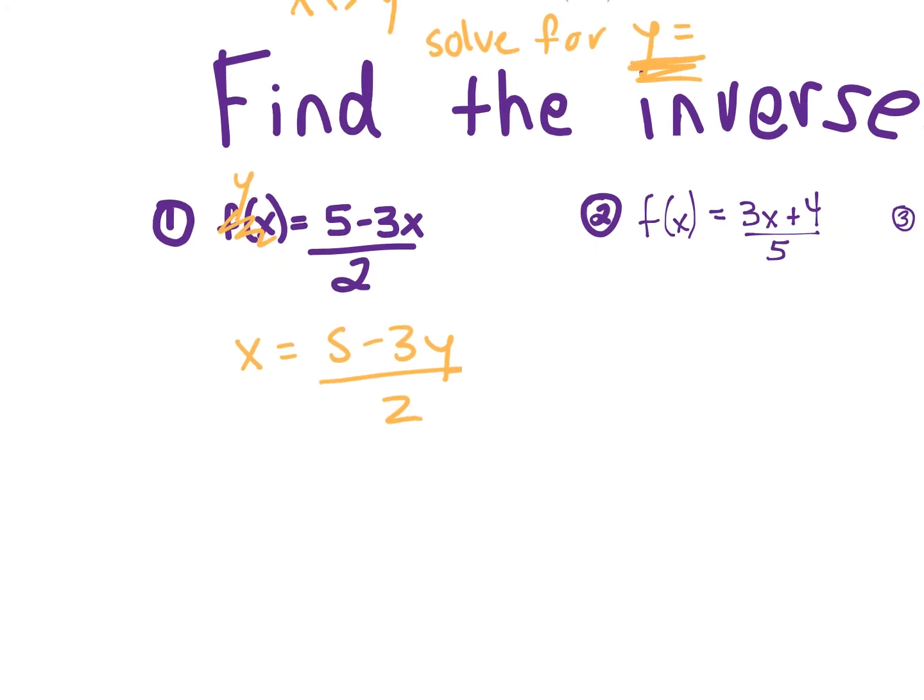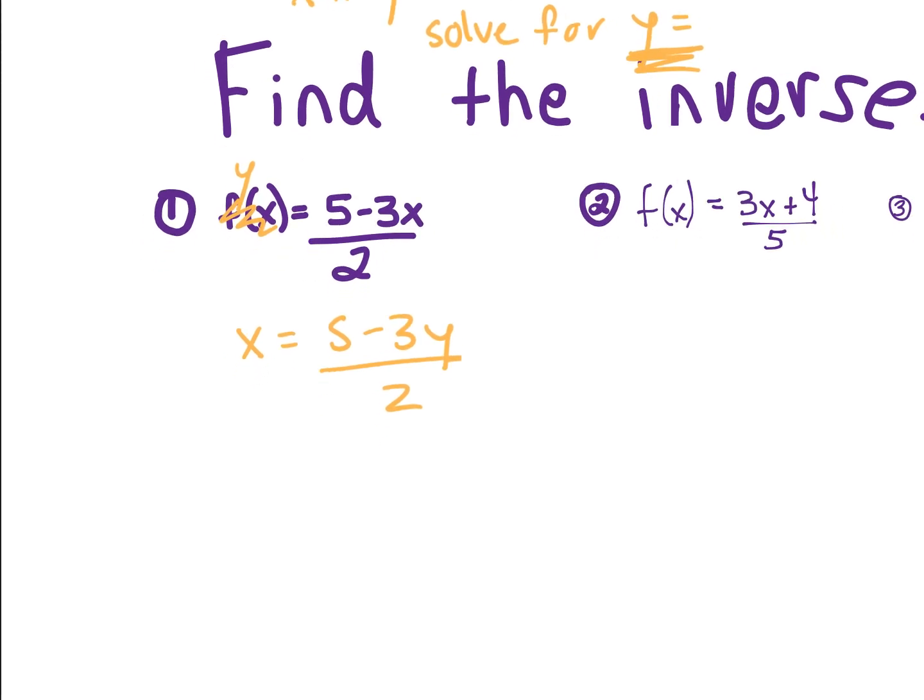And then I'm going to solve for y. So in order to undo everything and solve for y here, since my right side of the equation is being divided by 2, I'm going to multiply both sides by 2. So this gets multiplied times 2, and then the right side gets multiplied times 2.